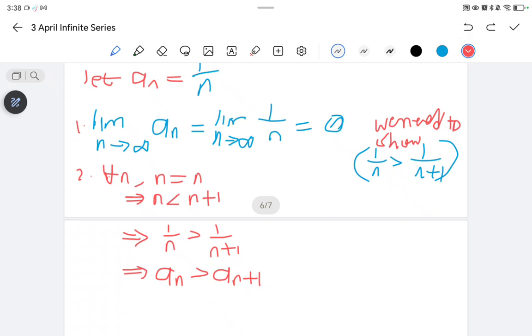Now, sir, why can't we just plug a value there to show that a of n is greater than a of n plus 1? Yeah, they're going to mark you wrong. I plugged the value last year, they marked me wrong. It's going to tell you it didn't ask for an example, but a proof.